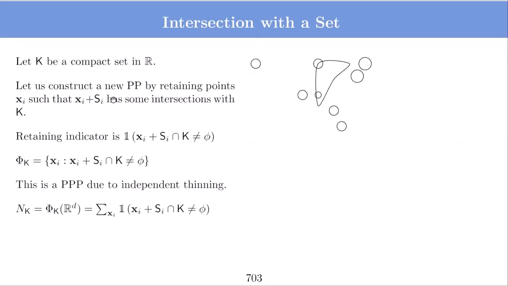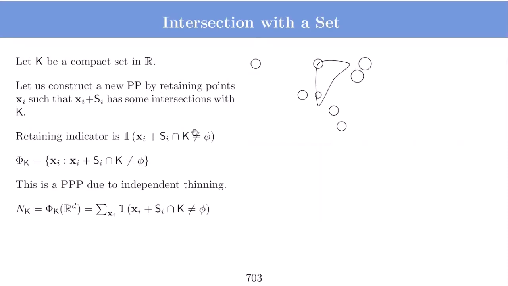Let us construct a new point process by retaining only the germs xi such that the corresponding grain has some intersection with K. So you go to each point and ask, is your grain intersecting with this set K? If yes, you retain that point, otherwise you remove it.